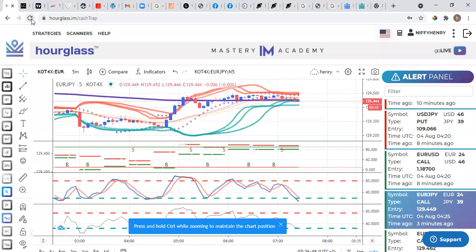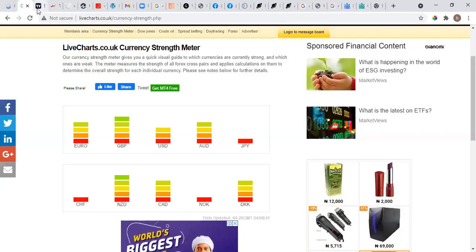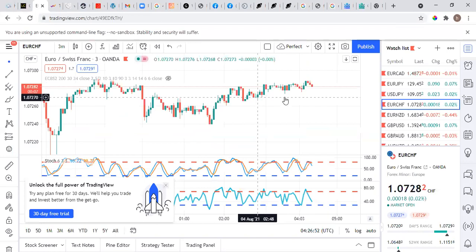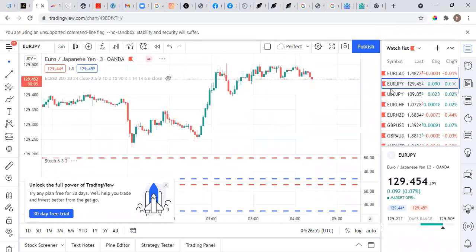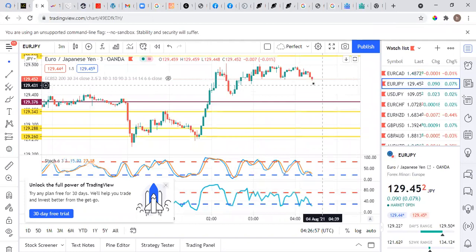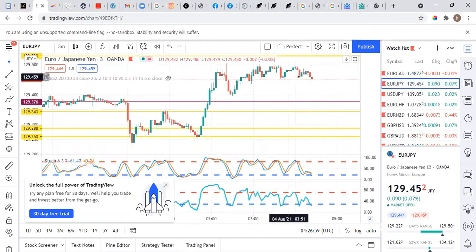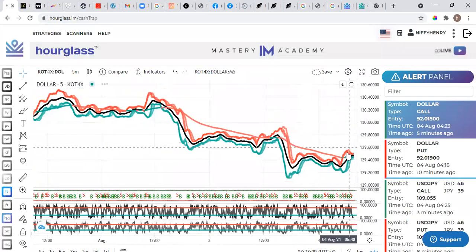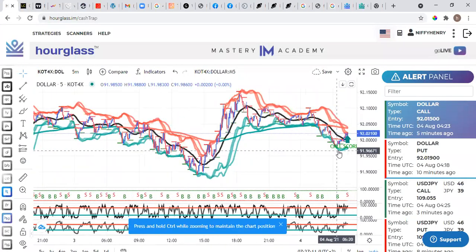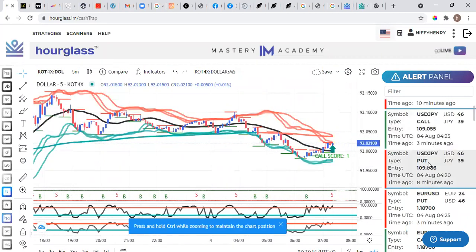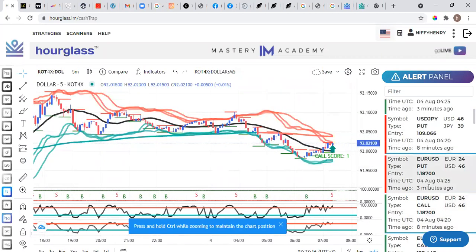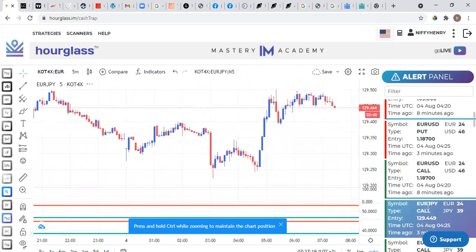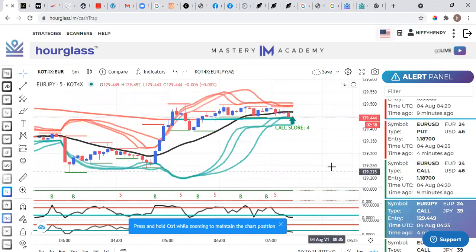Let me refresh. Euro JPY. Around this area, it's kind of consolidating, so this might actually be a new update that the JPY is getting stronger. I'm just going to click. Okay, JPY is still strong here.